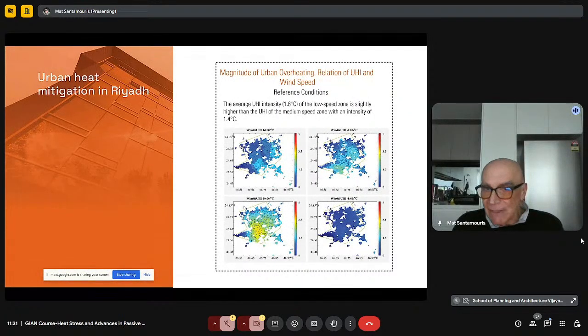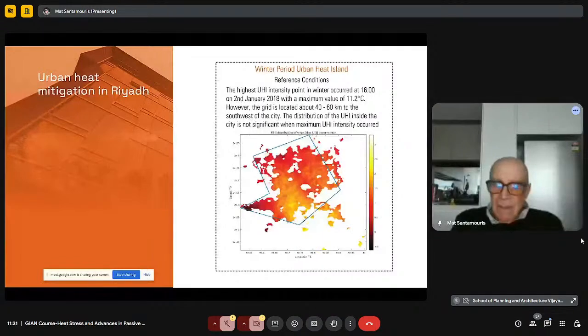It means that we have advective forces. It means that wind speed contributes to decreasing the urban heat island, which means that the urban heat island is very much affected by the convective losses together with the radiative losses that I mentioned before.